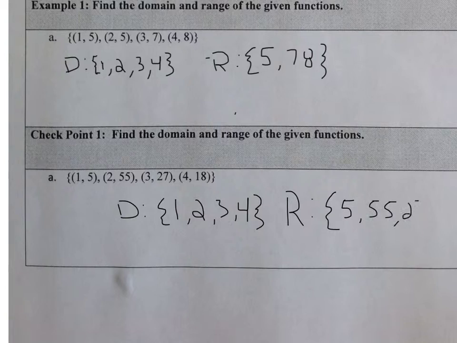Make my 8 a little better. And a terrible squiggly bracket again. You can make them better on pen and paper, and I can show you on the board when we get to class. So that's the domain and range checkpoint. Let's move on.